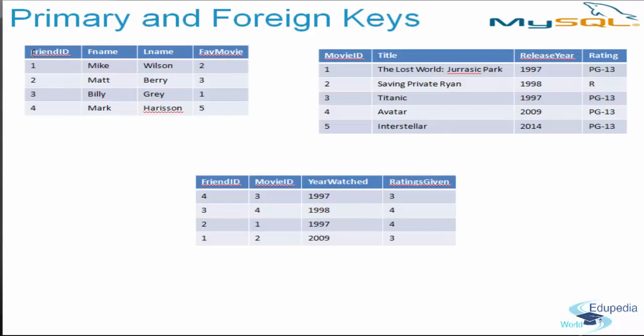Here, if you notice, I have added another column called favorite movie. We understand the primary keys, movie ID and friend ID. It is auto increment. If we want to give it, we can give it. Now this favorite movie column in the friends table refers to the movie ID of the movies table, and these keys are known as foreign keys.